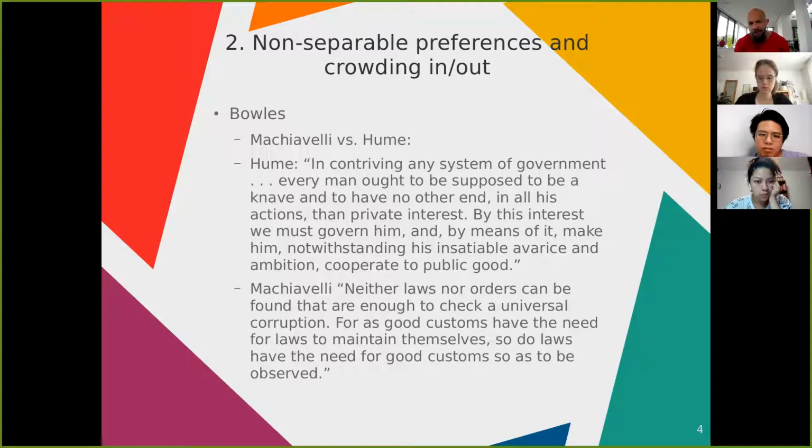So to contrast this with Machiavelli, who says that neither laws nor orders can be found that are enough to check a universal corruption, for as good customs have the need for laws to maintain themselves, so do laws have the need for good customs, so as to be observed. So he says something very different.